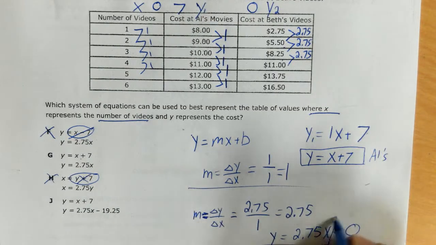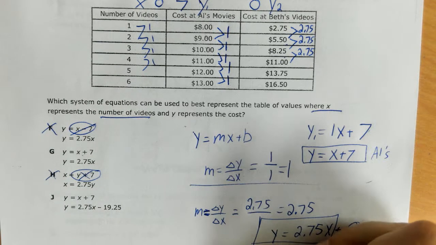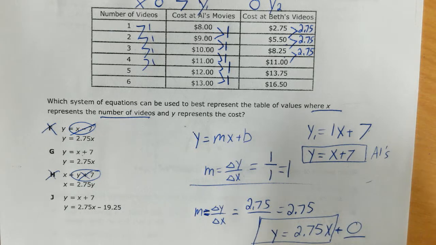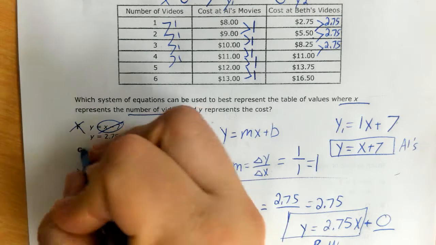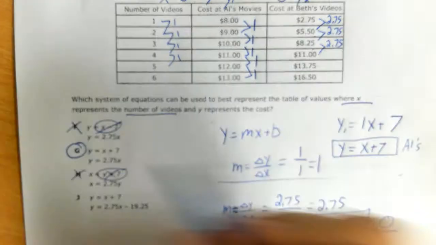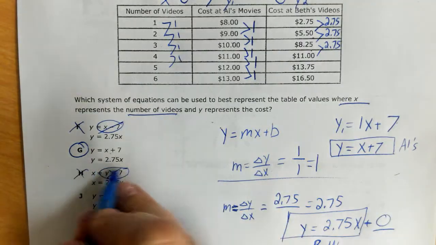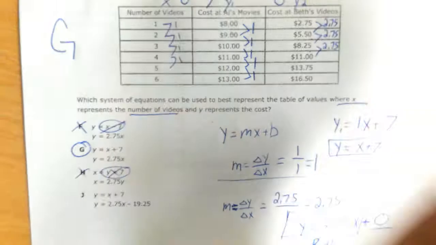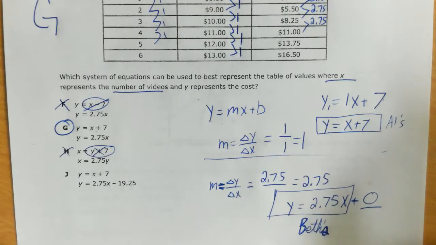So it's just right here. So y equals x plus 7 and y equals 2.75x. Answer is G.